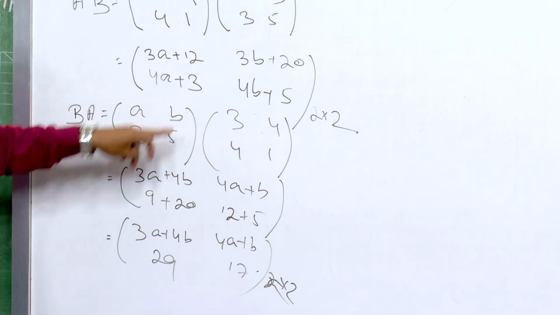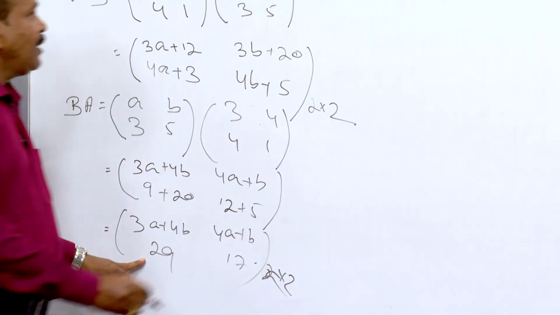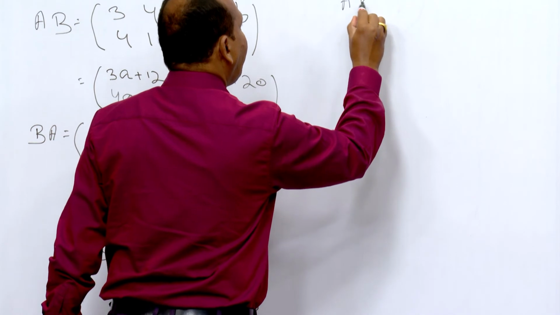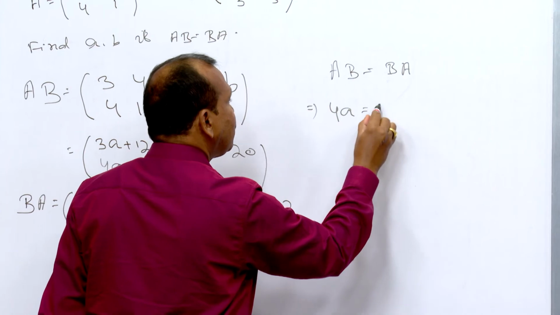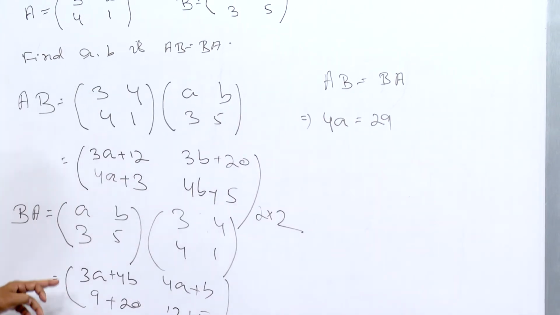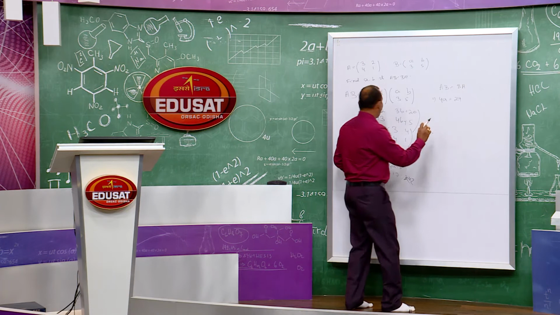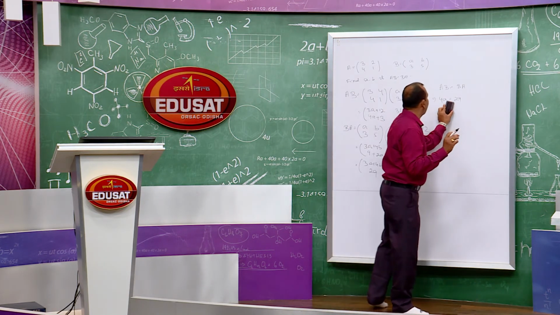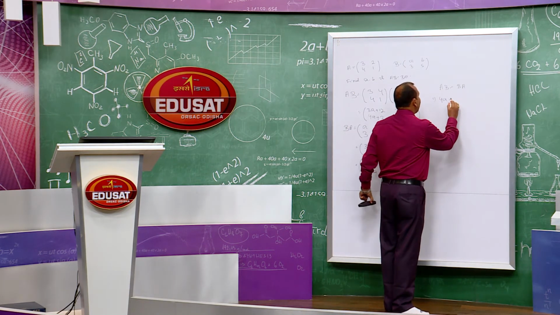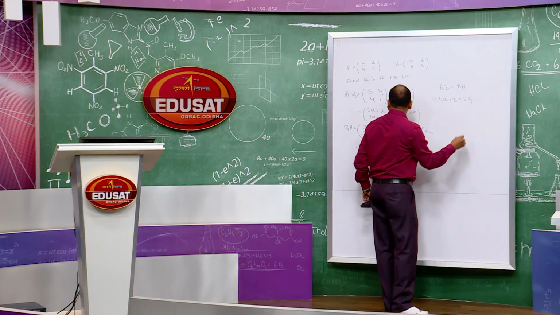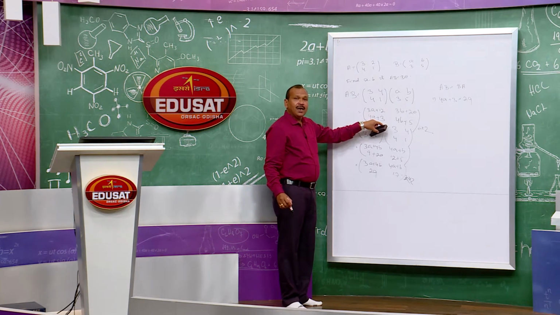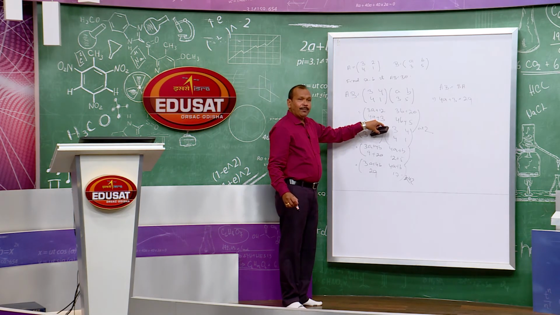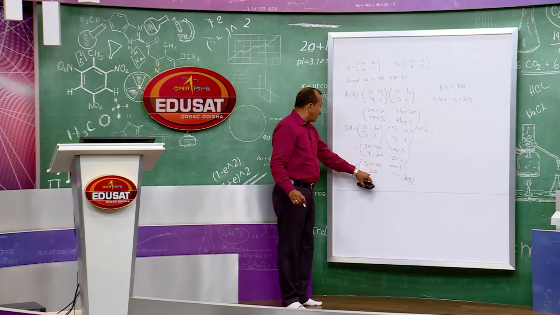Taking AB equal to BA, 4a plus 3 is equal to 29. The corresponding elements are the element of the second row and first column in AB, and in BA the second row and first column is 29.